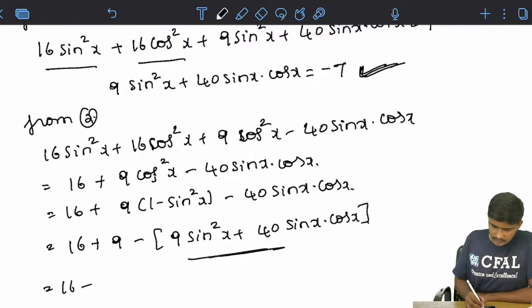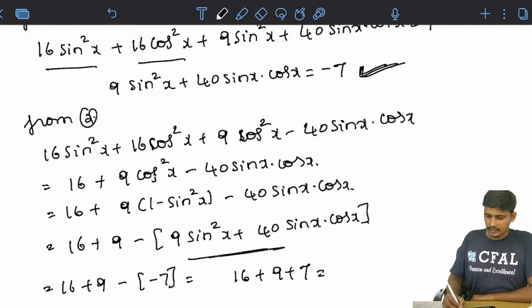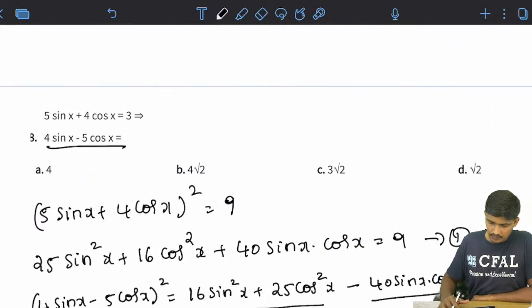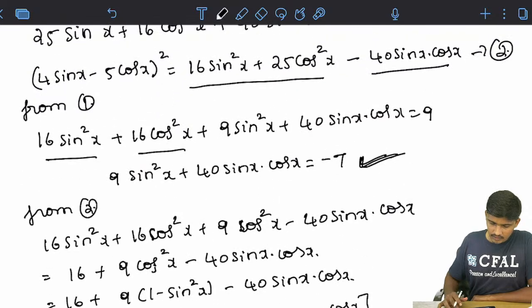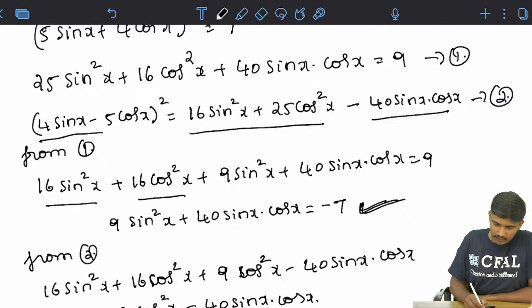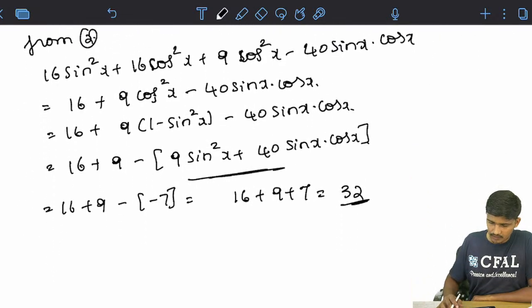This is 16 plus 9 minus of minus 7, so this is equal to 16 plus 9 plus 7. That will be 32, 16 plus 16, right? Yes, so that is equal to 32. So what answer we got is the whole square, that is 4 sin x minus 5 cos x the whole square.